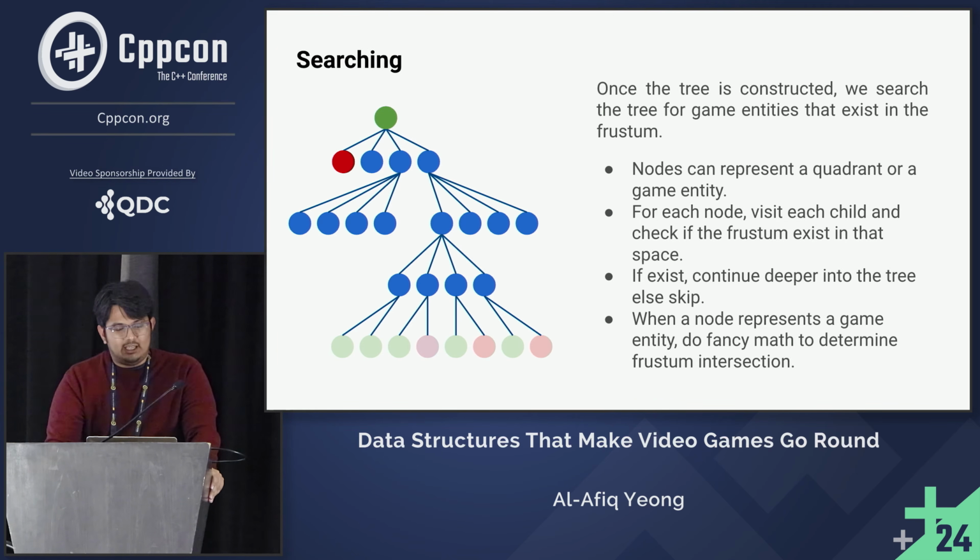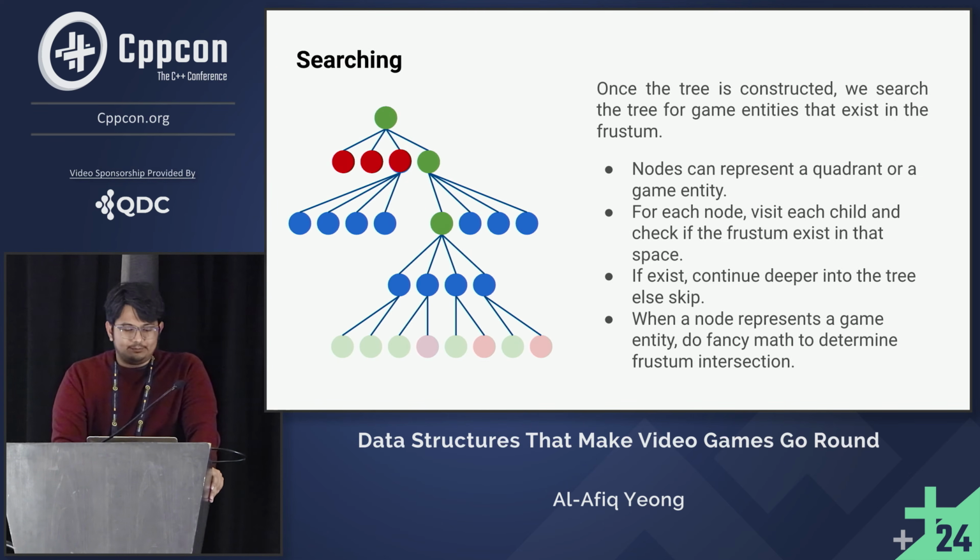For the sake of simplifying the example, let's just assume that the frustum does not exist in this node. Same with this one. Same with this one. But the frustum exists in the rightmost node. Okay, then we traverse the child nodes for that node, right?